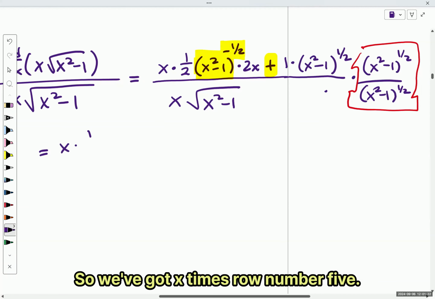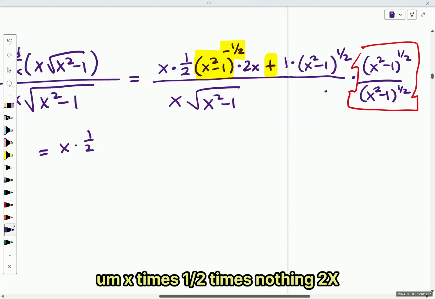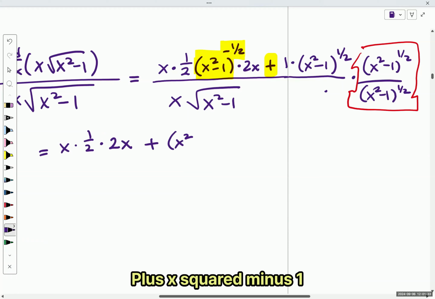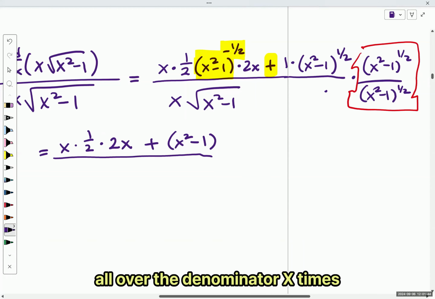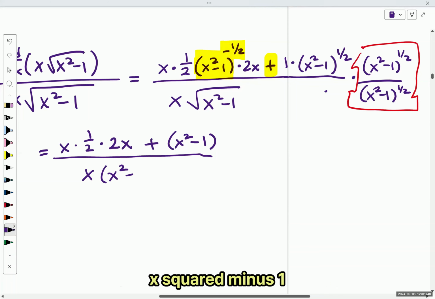So we've got x times, we're on number 5, x times 1/2 times 2x plus x squared minus 1. What's 1/2 plus 1/2? That's a 1. So we can just leave the x squared minus 1 all over the denominator, x times x squared minus 1.